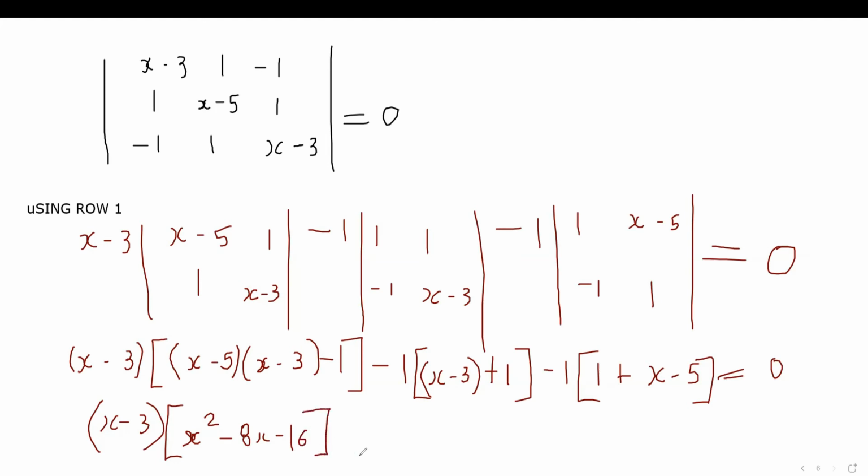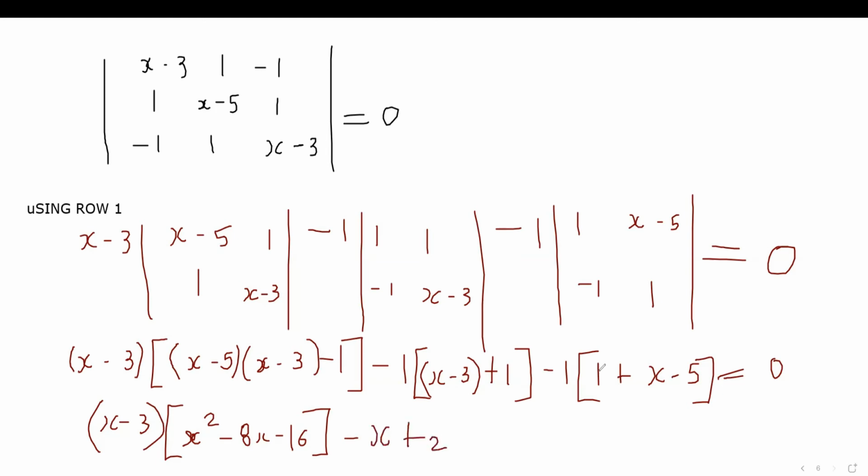Close that up. Then right in here, the minus 1, if you look at it, x minus 3 plus 1 is now x minus 2. But then the minus 1 makes it minus x plus 2.